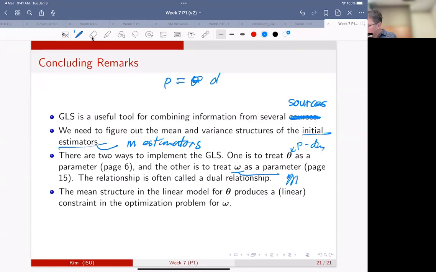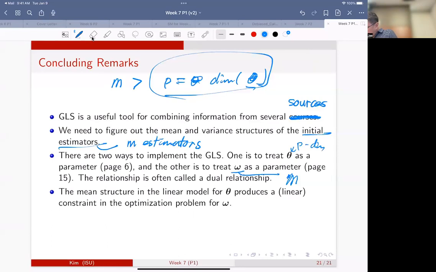P is the dimension of the parameter of interest, theta, but we have more information, right? You can call it N or M, it doesn't really matter. M should be greater than P. Then you can achieve some efficiency gain, right?